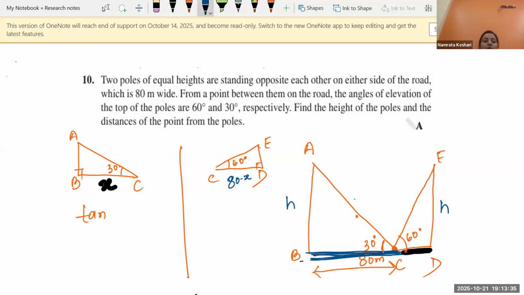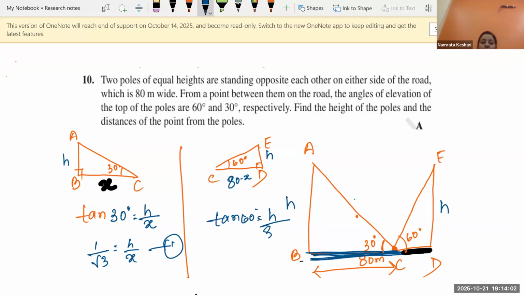Yes. And both the heights are the same, so you can take h. This will help you solve the equation, which you have learned in pair of linear equations in two variables. So tan 30 equals opposite over adjacent. Tan 30 is 1 by root 3, that is h by x. Equation number 1. Equation number 2: tan 60 equals opposite over adjacent, which is root 3, equals h by 80 minus x.